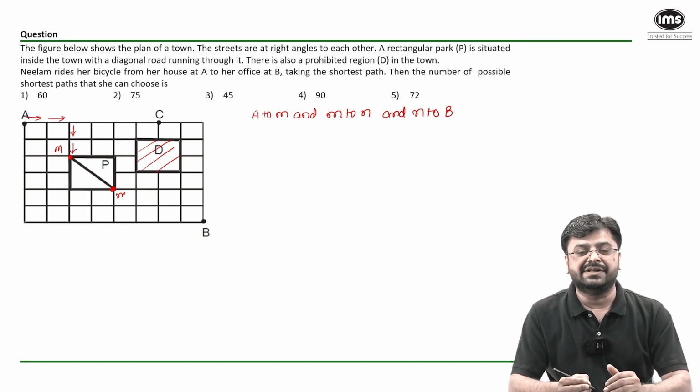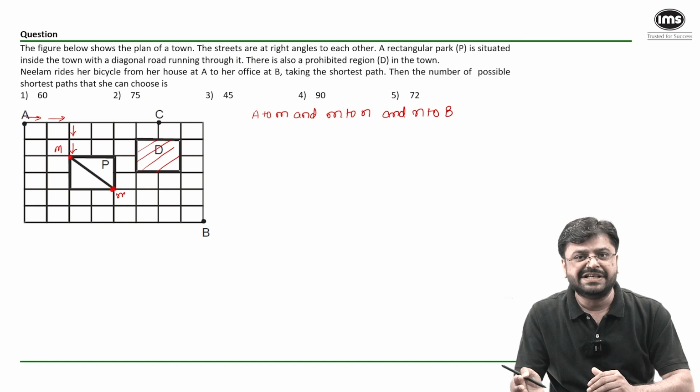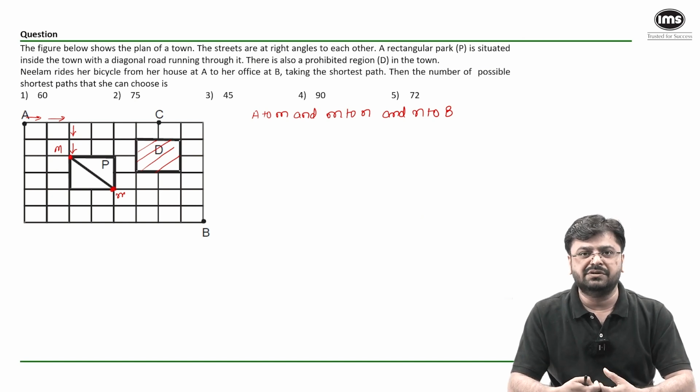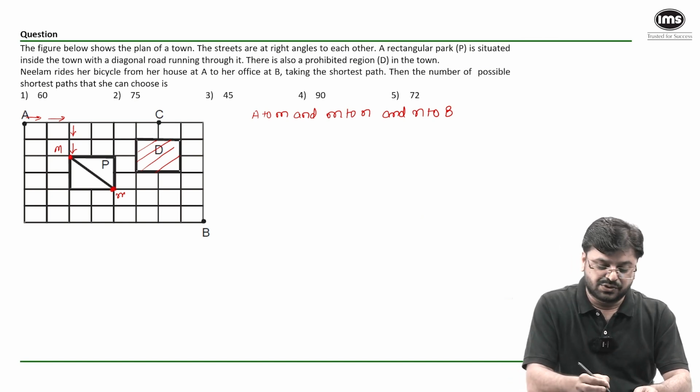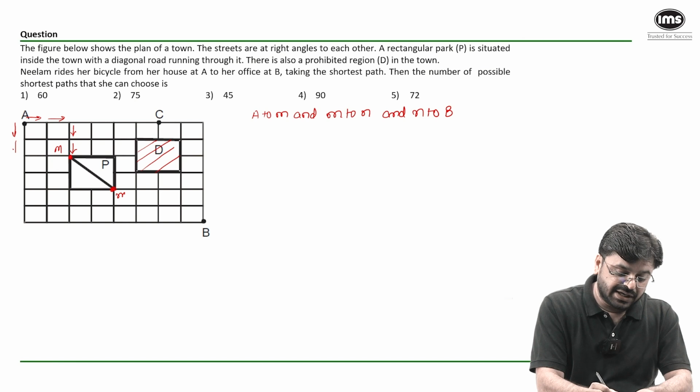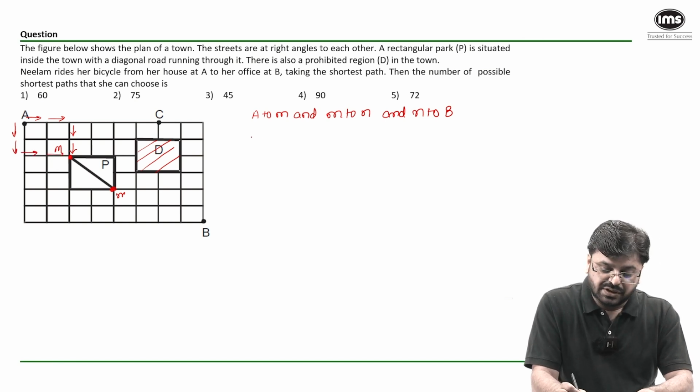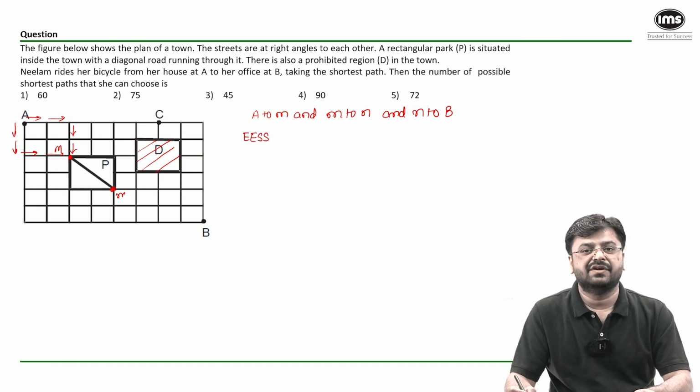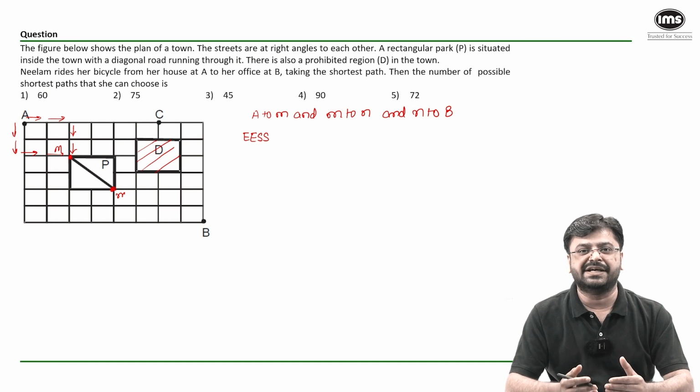Now, it doesn't matter whether she is taking 2 east first and then 2 south later, or if she takes 2 south first and then 2 east. So, in how many ways can you arrange double E, double S? This is like arranging banana, statistics, mathematics, Mississippi.